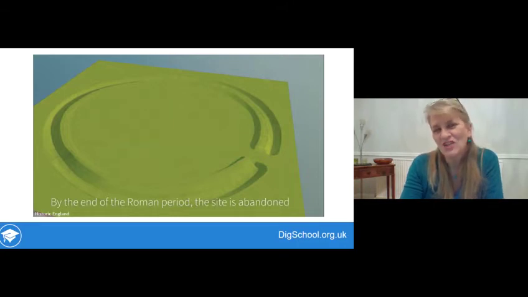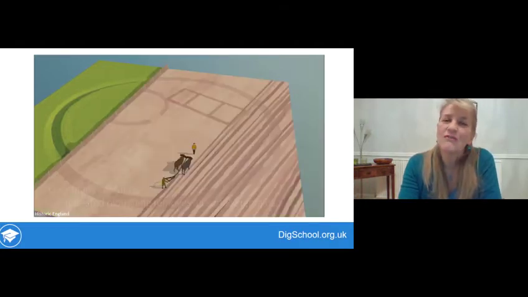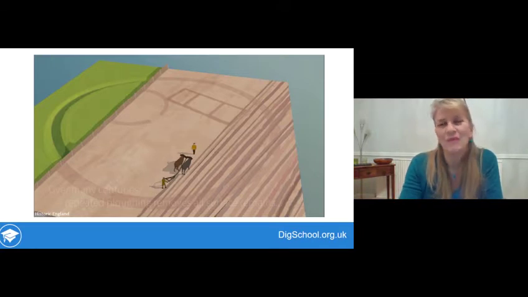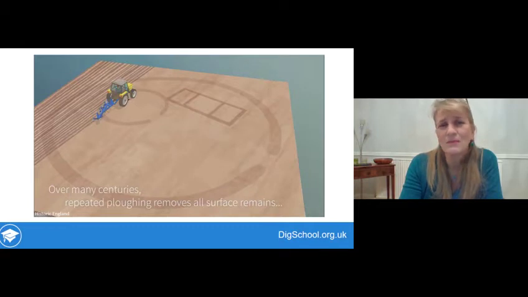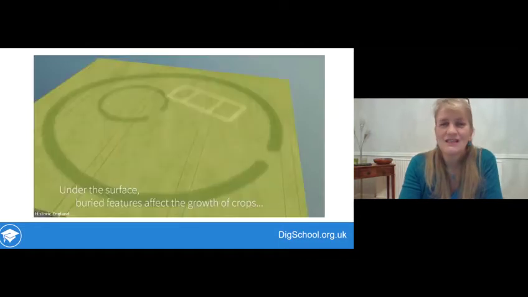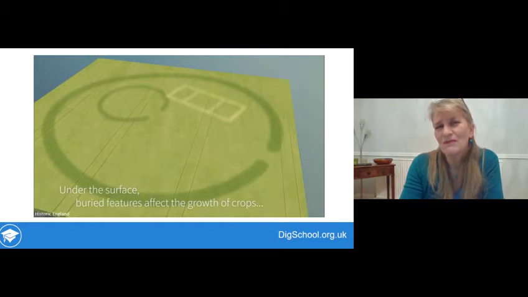The bank and ditch of the original roundhouse are large, durable features, so they last for quite a while. But ploughing by medieval farmers through the centuries, right up into the modern day, gradually eroded away that bank and ditch, so that in due course there are no humps and bumps visible at all on the surface.